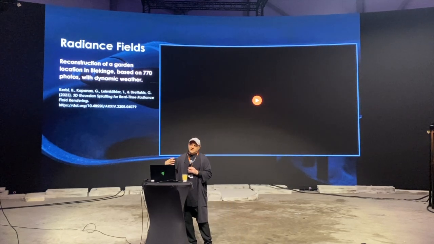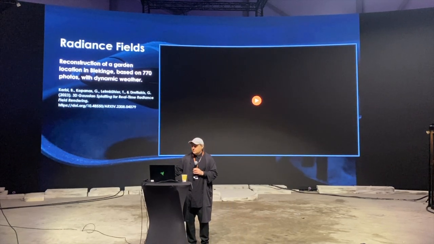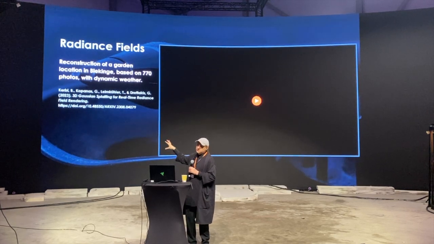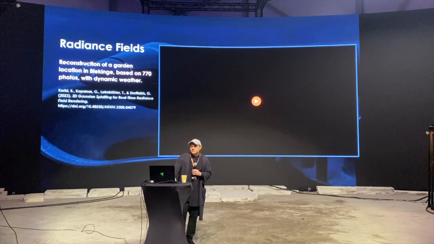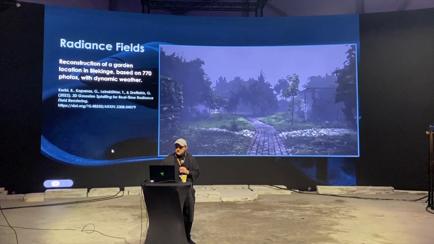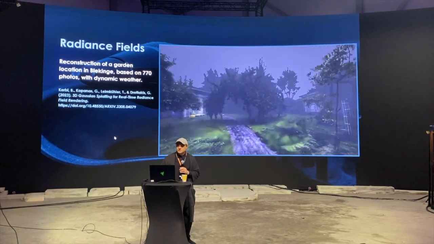And in this example I've added a weather simulation to a 3D Gaussian splat to create this movie scene. The reference photos for this were taken in broad daylight when it was slightly overcast but still sunny.